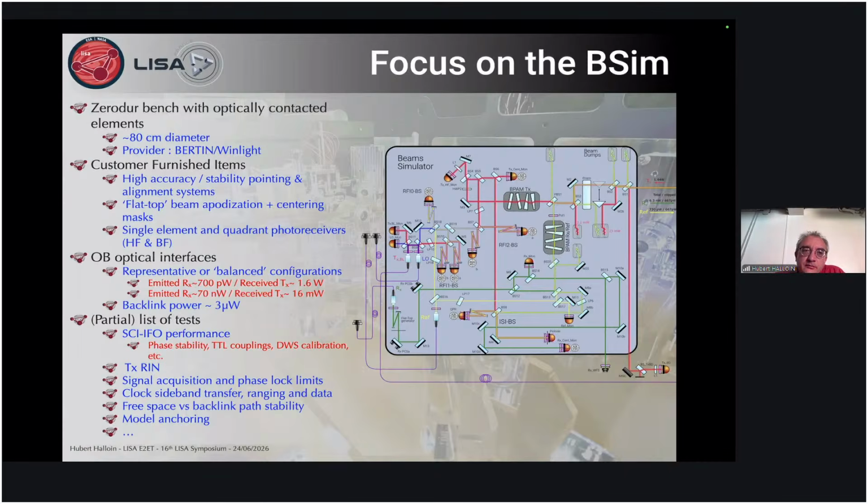We also need to simulate the light coming from the distant spacecraft so that we have the production of what we name a flat top beam. We also need some centering mask, extremely accurate centering masks. And of course, on this optical bench, there are a lot of different photoreceivers, either single element or quadrants, working at low frequency or in the beat note frequency range in the megahertz, up to 60 megahertz beat note frequency.